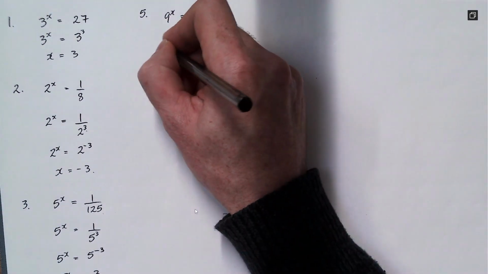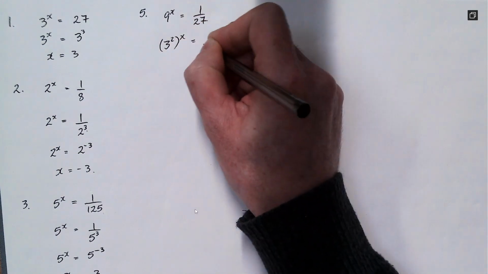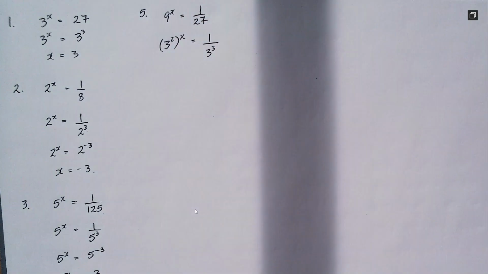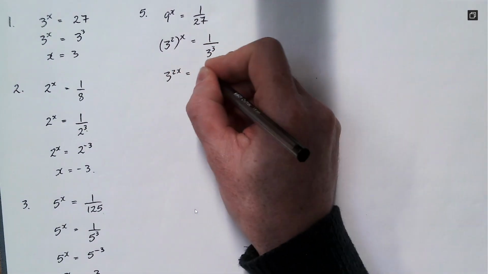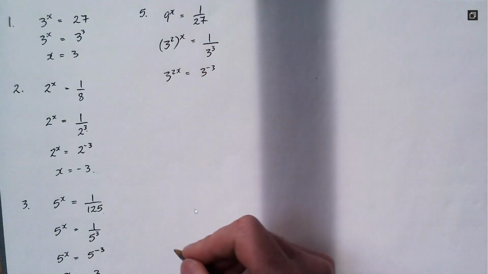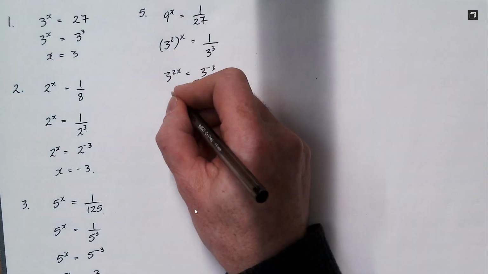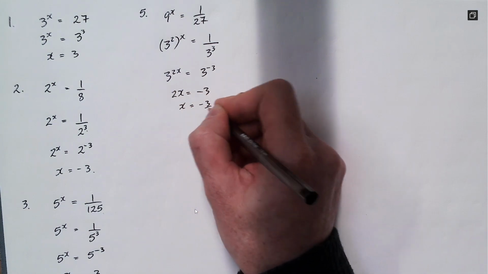So you have 3 squared to the power of x. 3 squared made for x. Comma, here is going to be 3 cubed. So 3 cubed, comma... So you have 3 to the 2x, comma, 3 to the 3. And then you have 2x, comma, 3. x, comma, 3 is going to be 2.